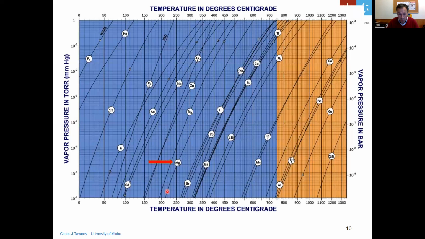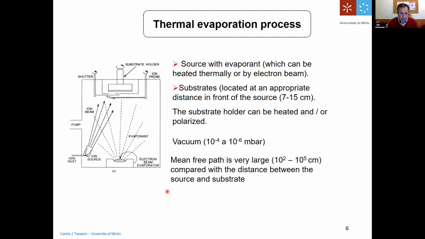And it's the case where I mentioned you sometimes need to introduce some gas into the chamber, not to make a reaction, because if you want to make a reaction with the evaporated atoms or molecules, then you have to have a reactive gas like oxygen or nitrogen, okay? Or even a carbon source like methane or acetylene.